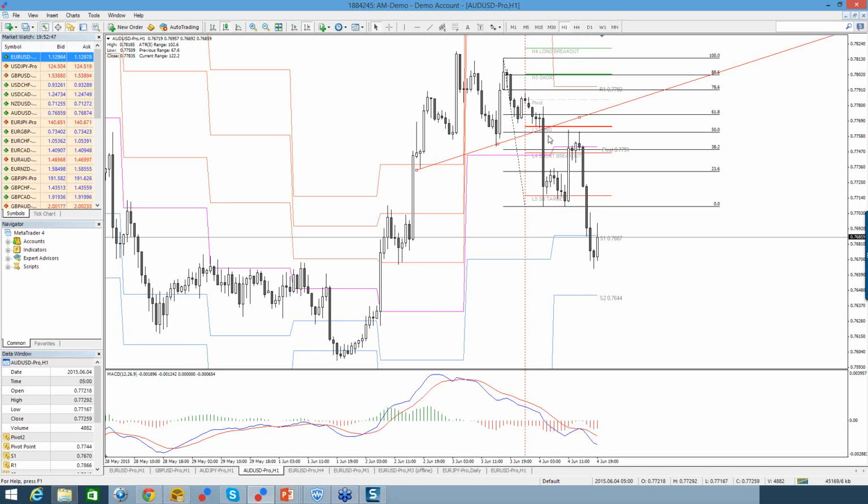And POC was hit perfectly. 50 retracement, L3, price went here, look, and rejected. Many people probably thought that it is time to buy Australian dollar. No, it was time to sell. And if you sold from POC, 100 pips.